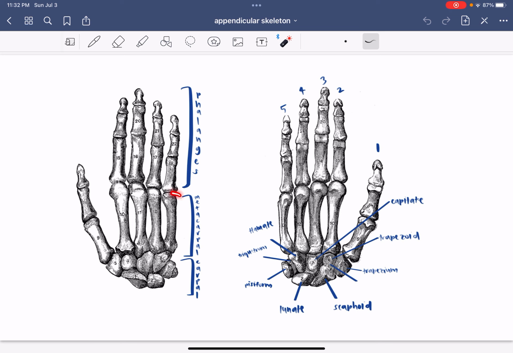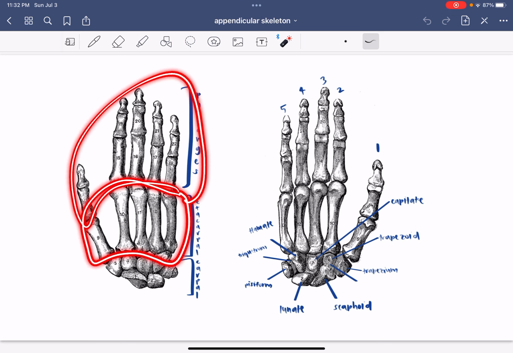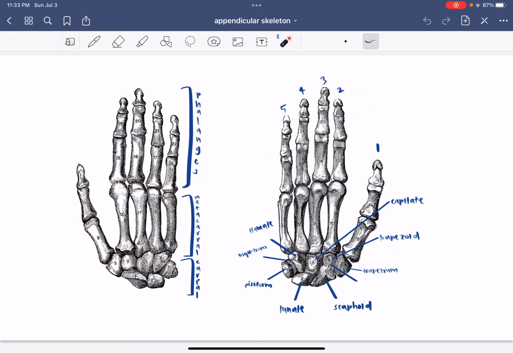Moving on, we have the metacarpals and the phalanges. You can identify each of them by naming them by their number and their position or bone. The numbers will go 1, 2, 3, 4, 5, always starting with the thumb as your first digit.